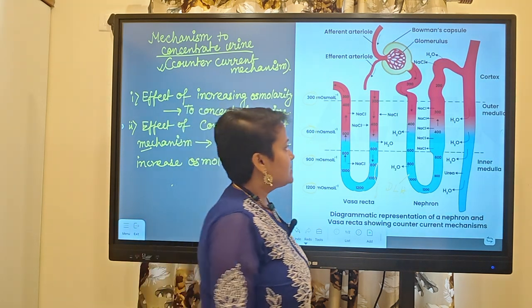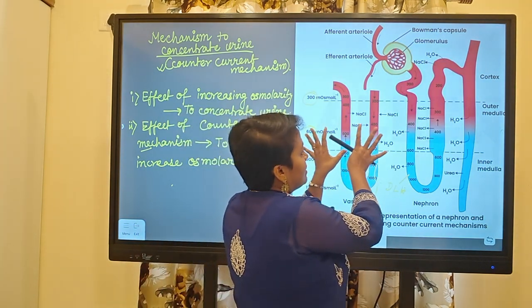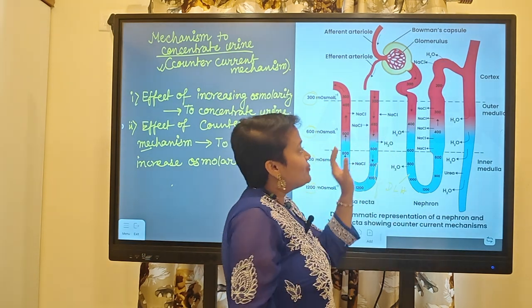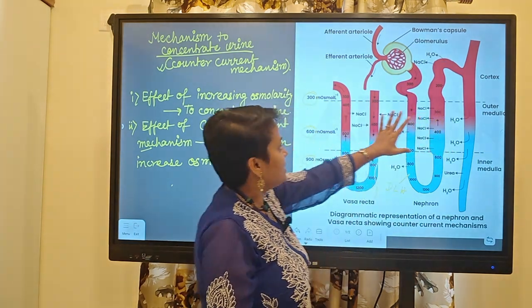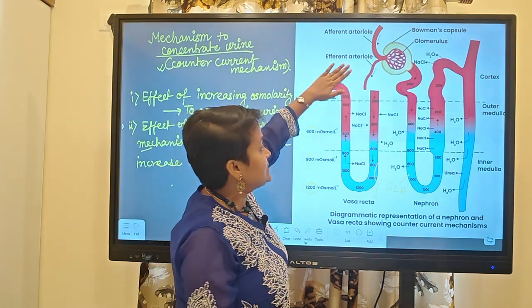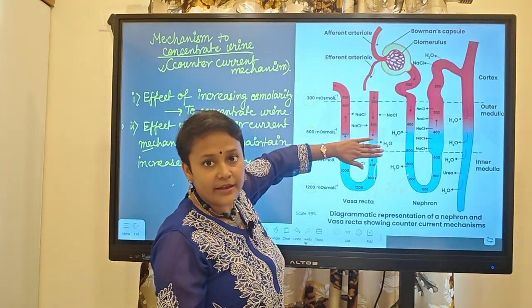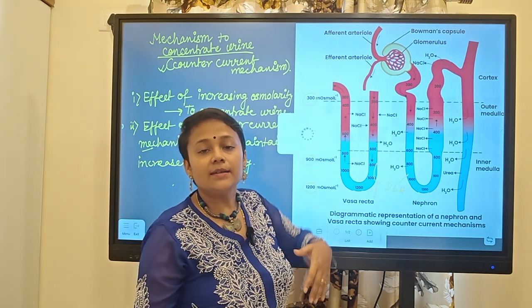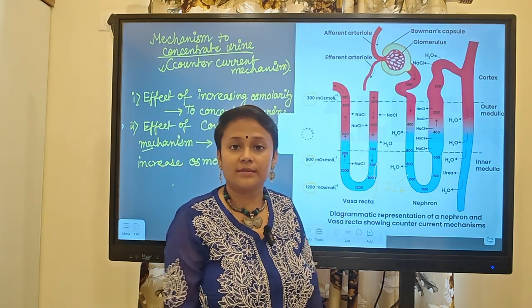That's how a very high concentration of NaCl will be maintained here, means if we go down to the medulla. So the concentration of NaCl will be high if we go deep down into the medulla. That can lead to the increased osmolarity.